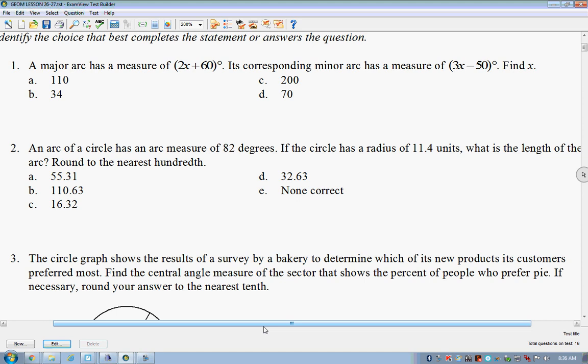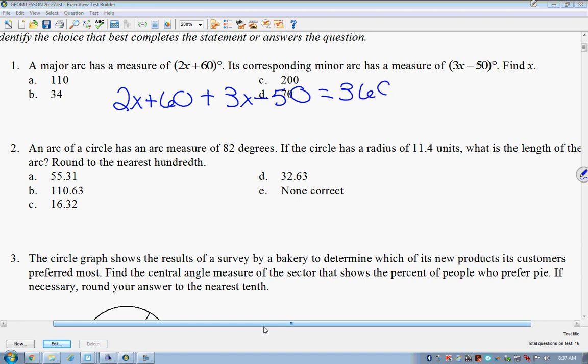If I have a corresponding minor arc to a major arc, what is their sum total going to be? 360 degrees. Okay, so we're going to have a major arc, which is 2x plus 60, plus 3x minus 50 equals 360, correct?